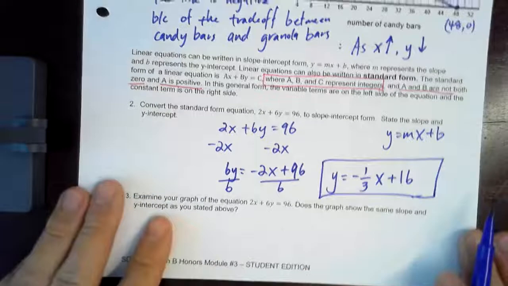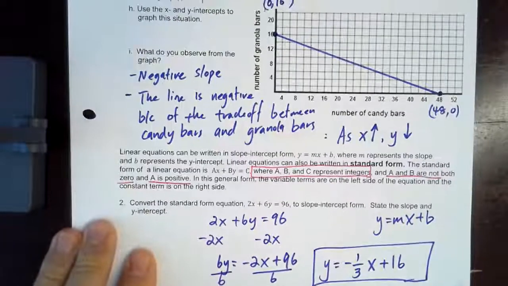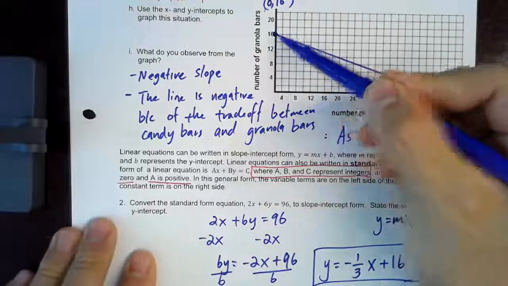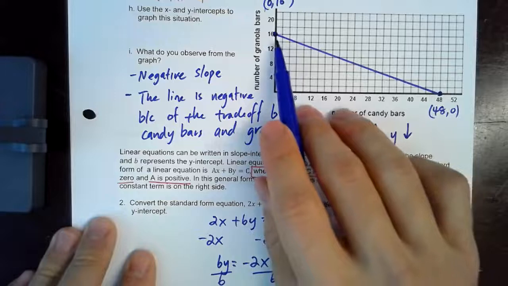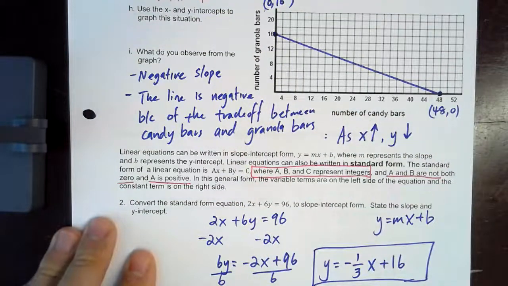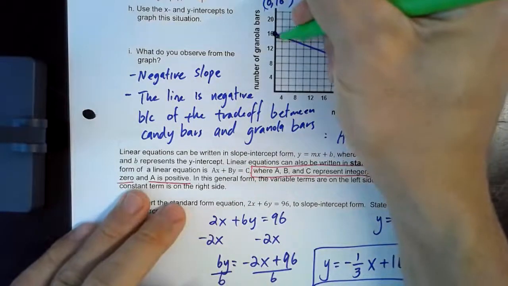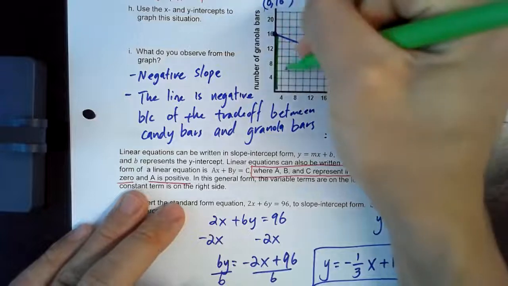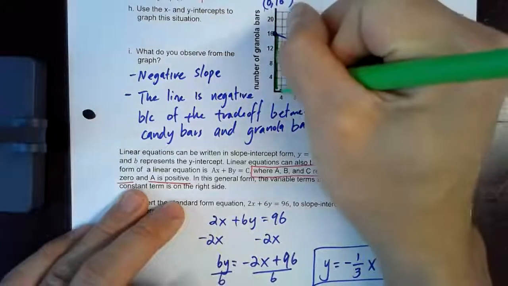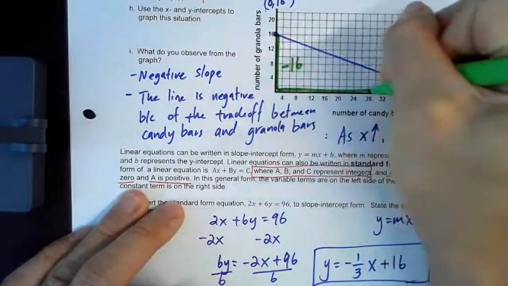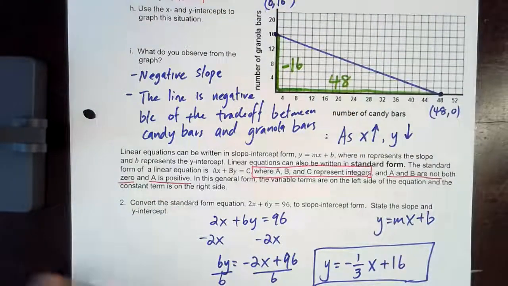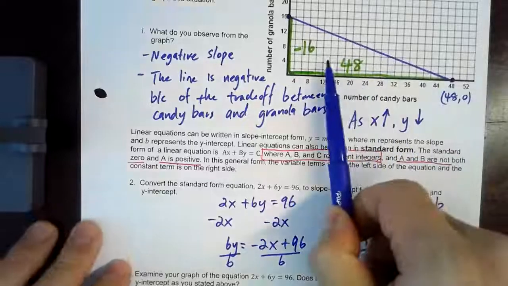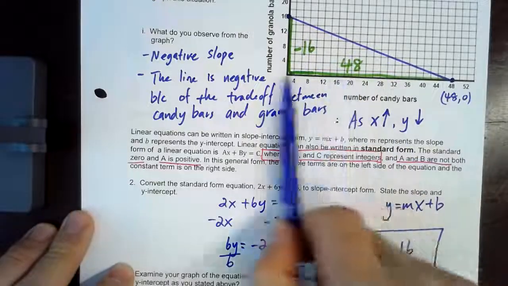So examine your graph of 2x plus 6y equals 96. Does the graph show the same slope and the y-intercept as stated above? Well, obviously, it does show the 16 as your y-intercept. But more importantly, doesn't it also show the slope? Technically, class, isn't this a negative 16 rise for a run of 48?